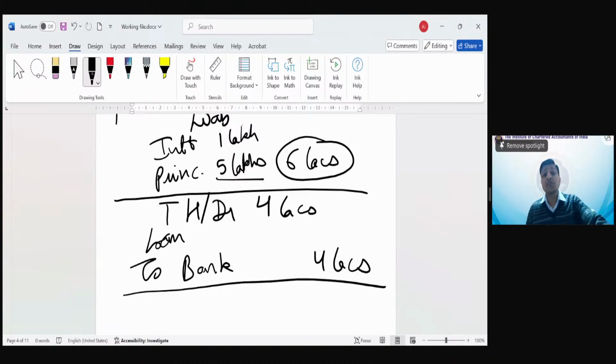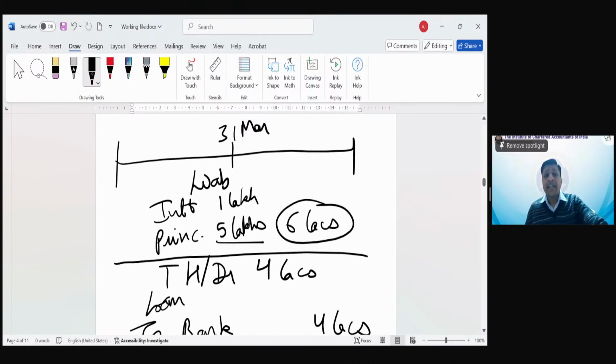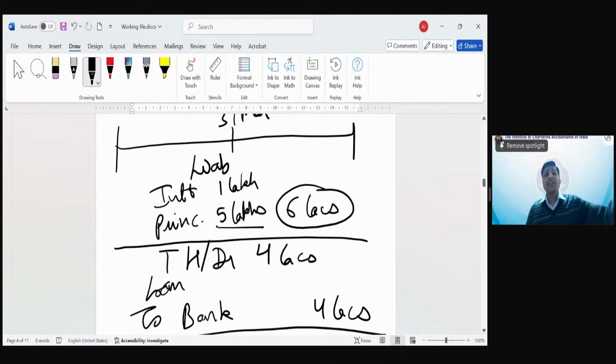If let's suppose KJ has gone bankrupt, so nothing is repayable and it's finally settled, then the remaining loan will be written back. That 2 lakhs will be written back to the P&L. So that's how it will be done.